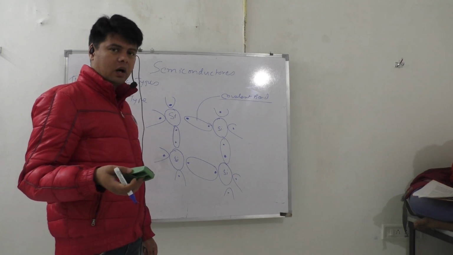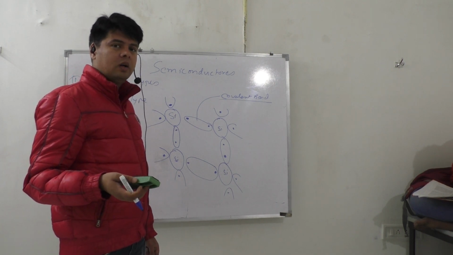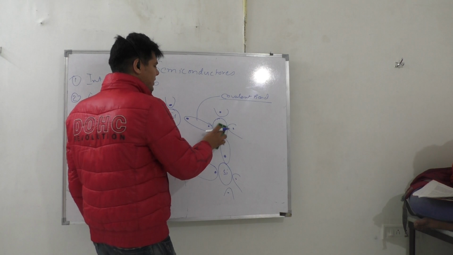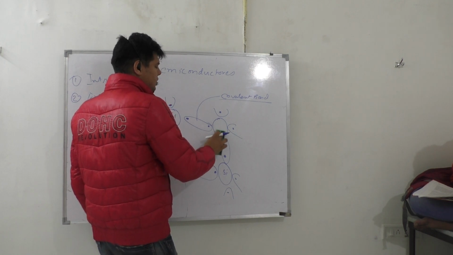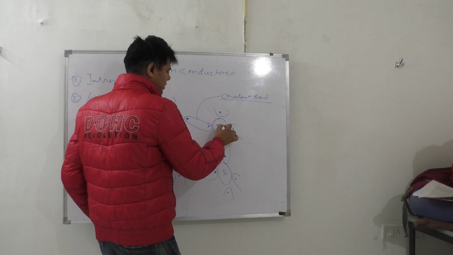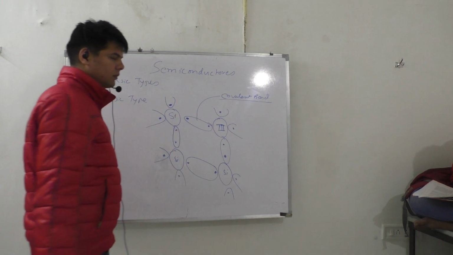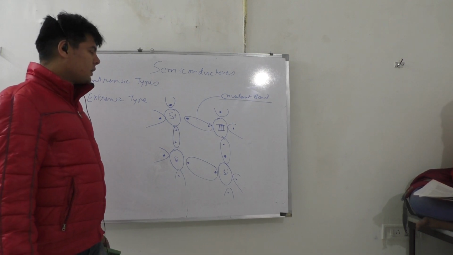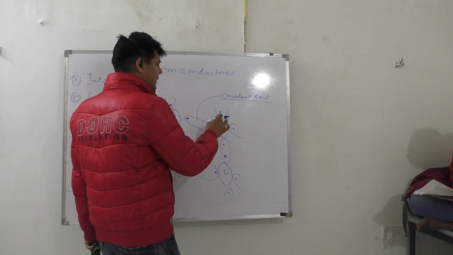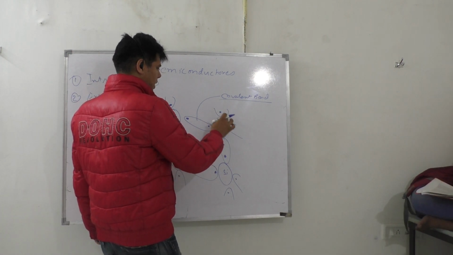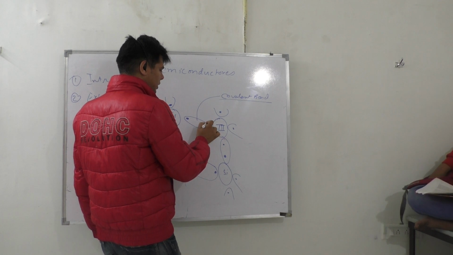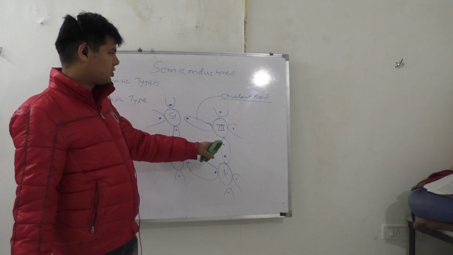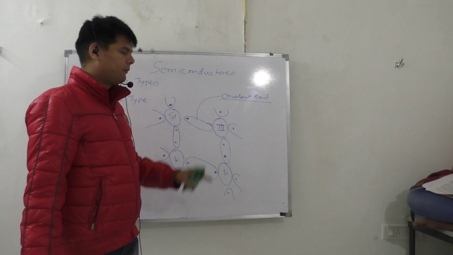If I am adding some molecules of a trivalent element, अगर मैं इस स्ट्रक्चर के अंदर कुछ ट्राइवेलेंट एलिमेंट को ऐड कर दूं, ट्राइवेलेंट मतलब जिसके वैलेंस बैंड के अंदर 3 इलेक्ट्रॉन होंगे, 1 2 and 3. So these are my 3 electrons, 1 2 and 3.